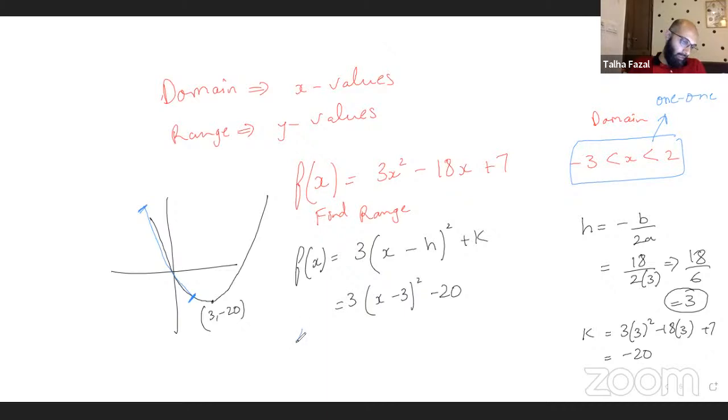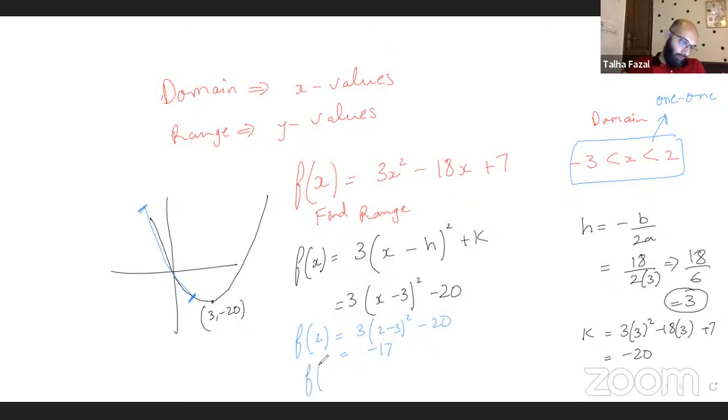So I can simply try and find out f of 2, which will be 3 into (2 minus 3) squared minus 20, which gets me minus 1 squared, which is 1 times 3 is 3. So I get negative 17.